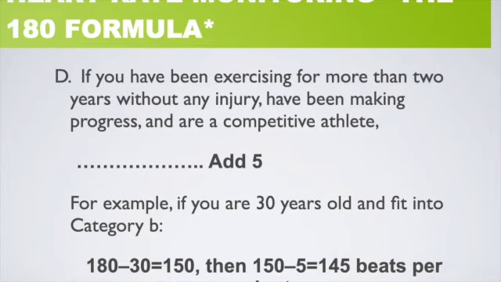So in this example below, if you're category B, 180 minus 30 is 150, then 150 minus 5 is 145. That's going to be the top of your training zone. Likewise, if you're in category D, where you add 5, 155 would be the top of your training zone.